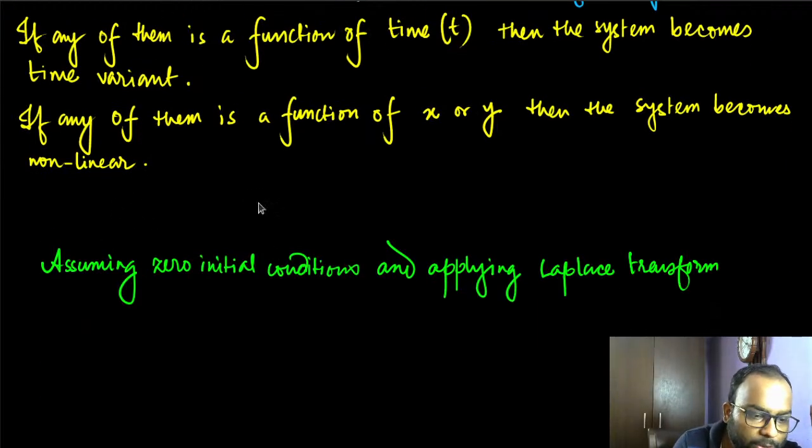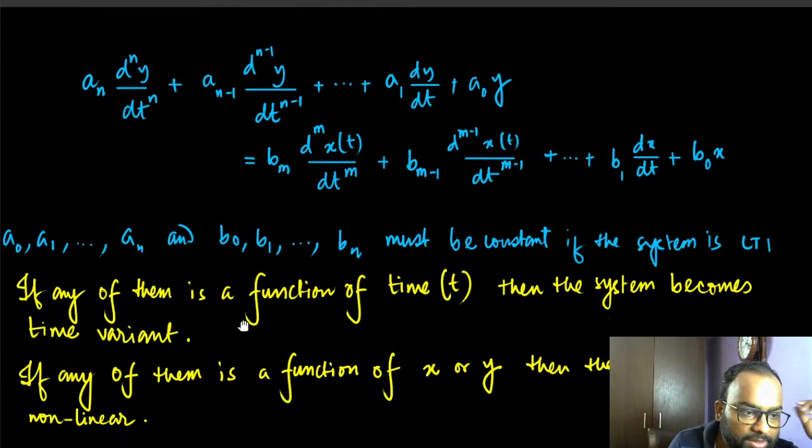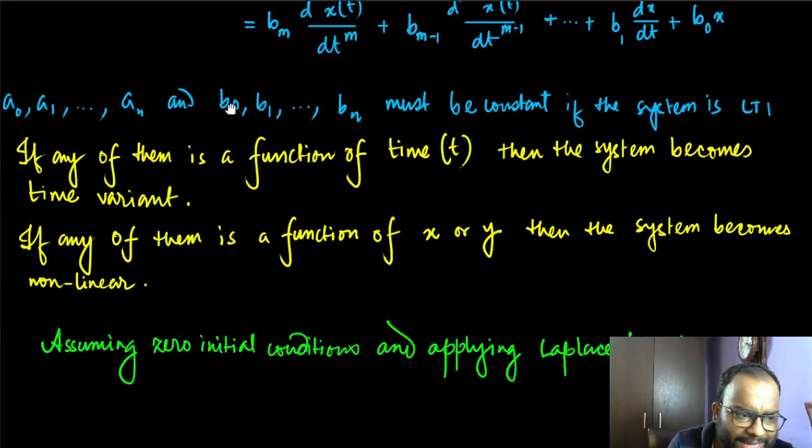So now, assuming zero initial conditions and that all those conditions are satisfied, we can apply the Laplace transform on this whole thing. You know that the Laplace transform of y(t) is Y(s), the Laplace transform of the derivative of y(t) is sY(s), and the Laplace transform of the nth derivative of y(t) is s to the power n Y(s), and so on.